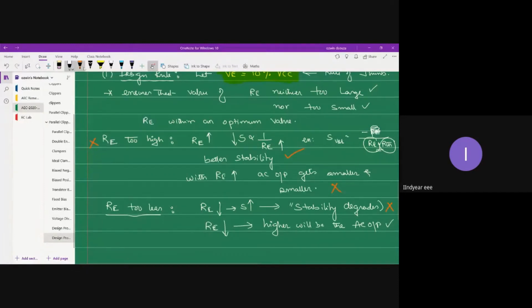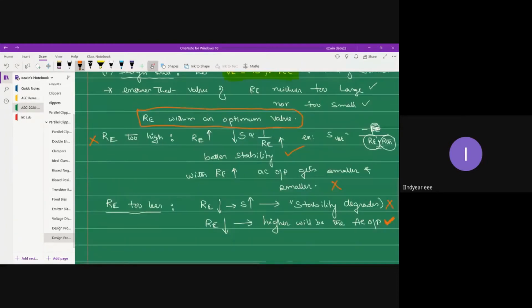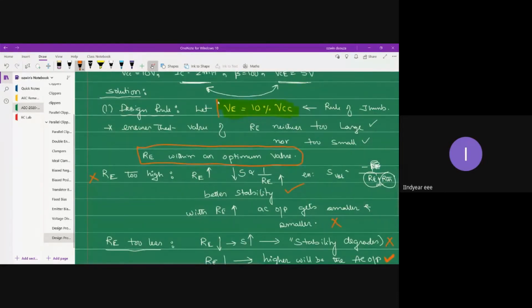As much as possible, your amplifier should give you a high output, but at what cost? At the cost of stability. That's the reason RE shouldn't be too large or too small. So we should go for an optimum value of RE, which can be obtained provided we follow this rule of thumb. Hope you have understood.